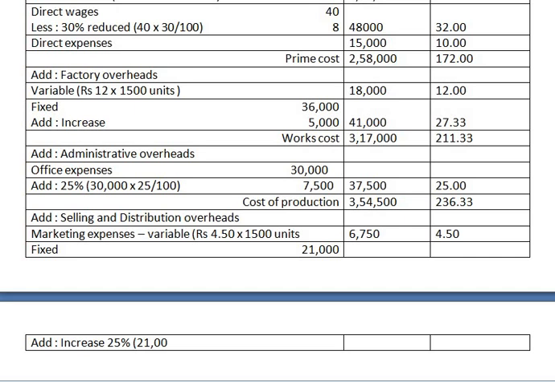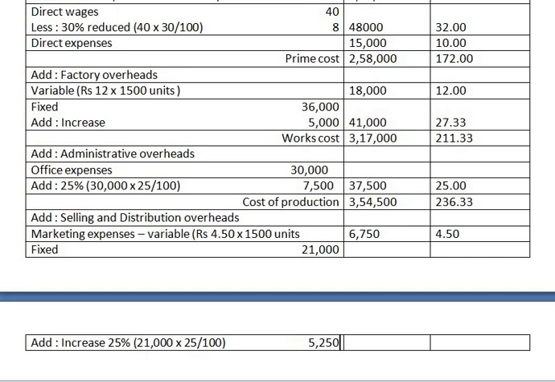So 21,000 into 25 divided by 100. Just calculate this. That is 5,250. Add these two and take it to the outer column, that is 26,250.